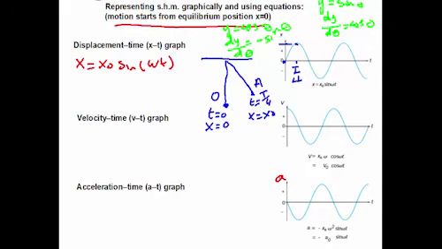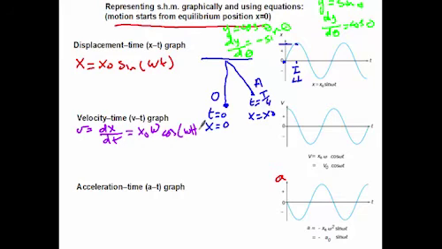Now we come to the velocity. How do we get the velocity? We know that velocity equals the change in displacement over the change in time. So we have to derive the displacement function with respect to time. The derivative of sine is cosine, so this will be x naught cosine omega t, and because we are deriving with respect to time, we get an omega.